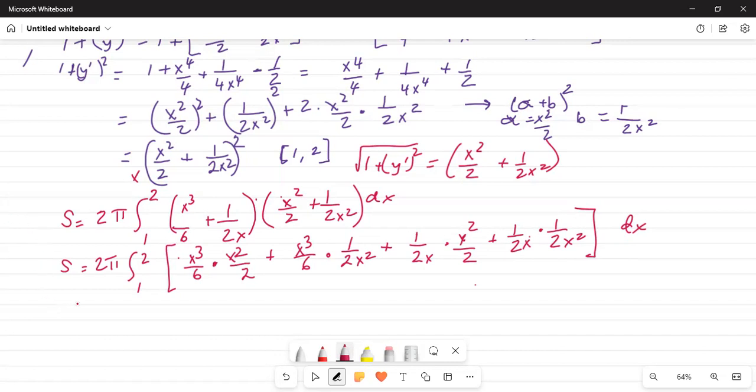So S is equal to 2 pi, limits of integration from 1 to 2.